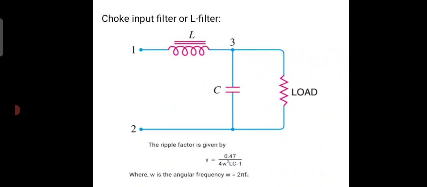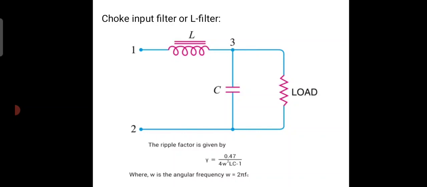As I told in the last circuit also, the AC signals are going to travel through the capacitor, but the DC signal will not pass through the capacitor.